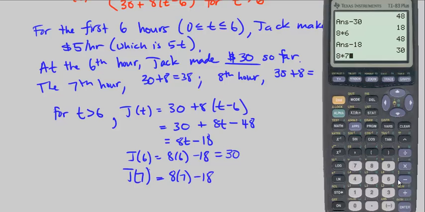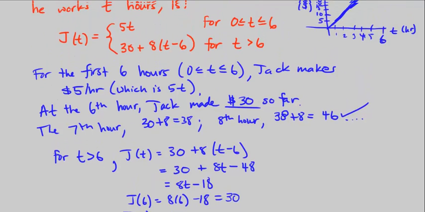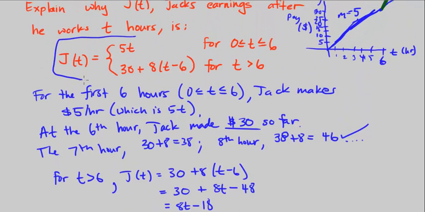Is that 38? Yes. And J of 8 is 8 times 8 minus 18. 8 times 8 is 64 minus 18 is 46, right? And that's what we said it should be here. So this is showing us that this formula here is true, right?